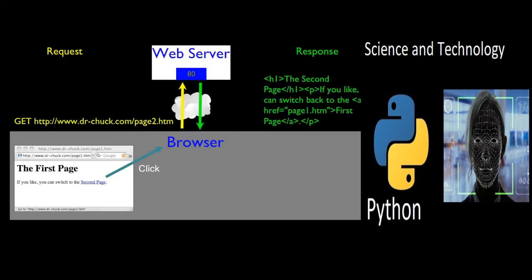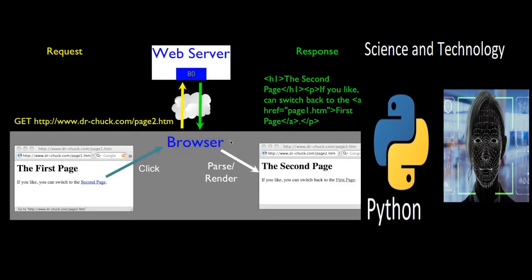In this case, it sends back a web page in the format of HTML, the hypertext markup language, which is different than HTTP, which is the protocol that we're exchanging. HTML is the format of the document we're getting back. And this has an anchor tag, href, and the end of anchor tag, and some highlighted text. Now your browser gets this back and renders it according to the rules of HTML and CSS and JavaScript, etc., parses it, and then makes a pretty web page.